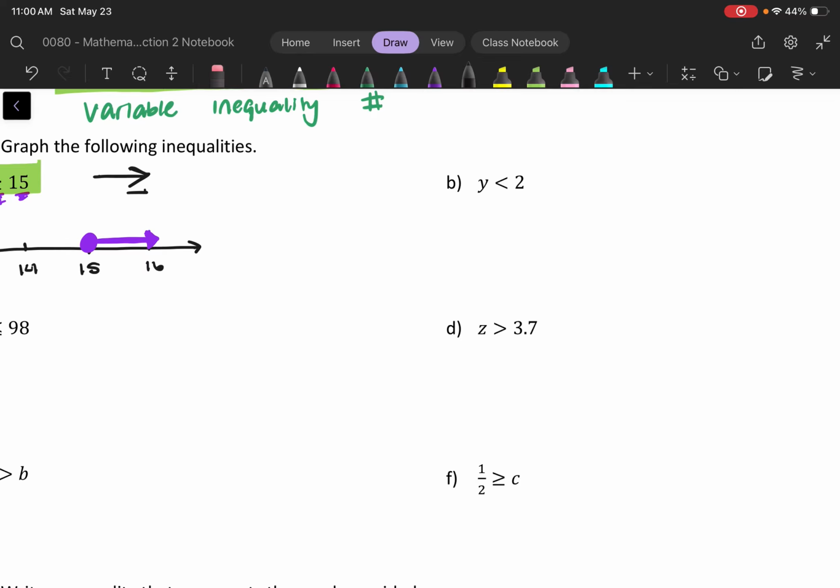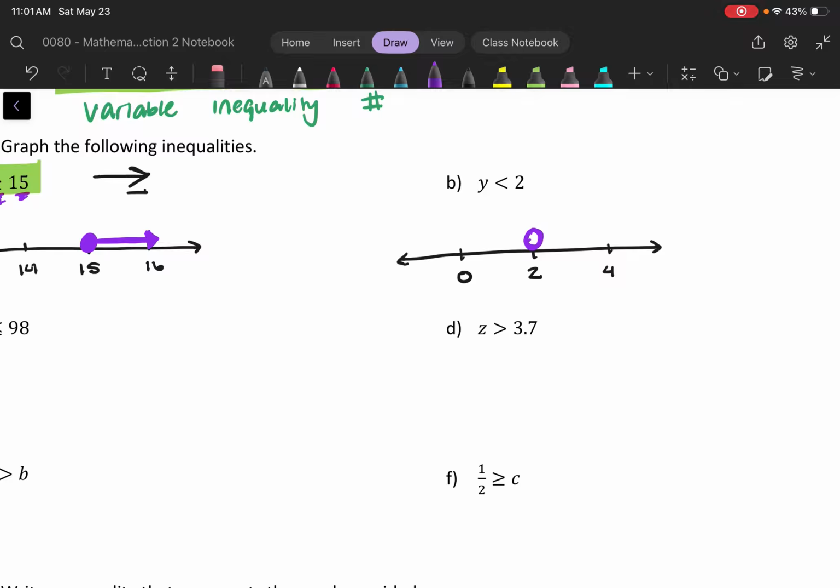Okay, I'll do one more with you, and then I'll get you to try the next ones on your own. So, number line, the number 2. I'm going to put a number on either side, about evenly spaced. I'm going to put 0 and 4. I could have put 1 and 3, as long as they're evenly spaced. I'm going to make my endpoint. Notice my inequality does not have an or equal to portion, so it's going to be an open circle.